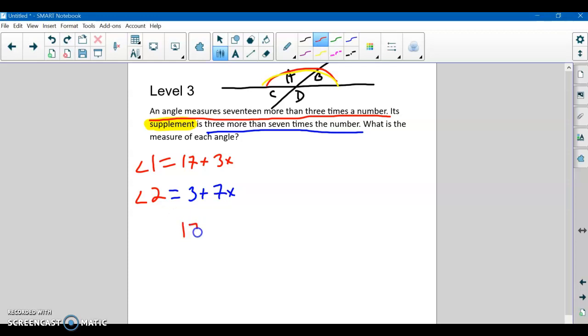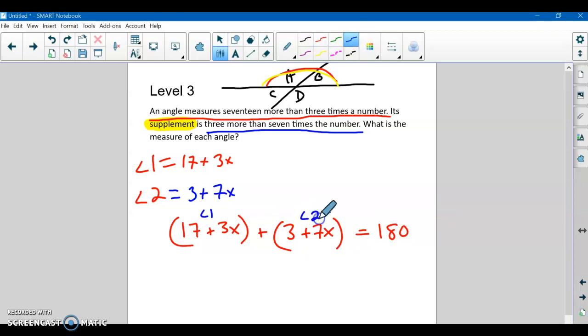So now I've got 17 plus 3x. This is my angle 1. Plus 3 plus 7x is equal to 180. And this is my angle 2.